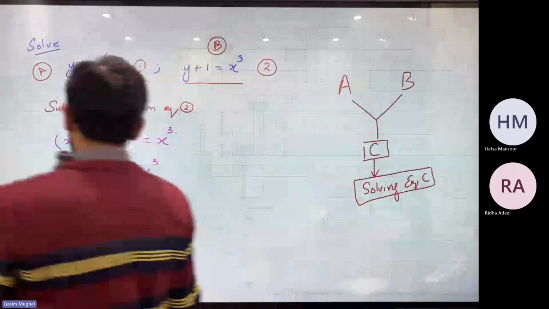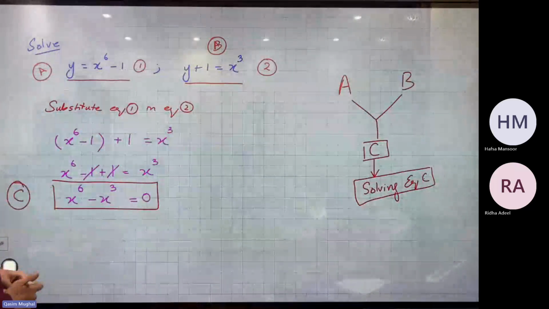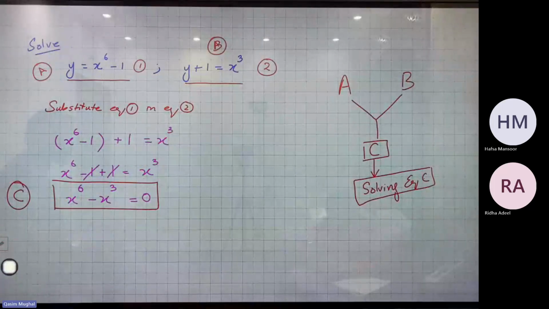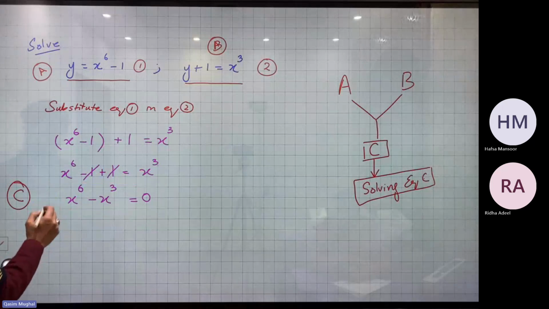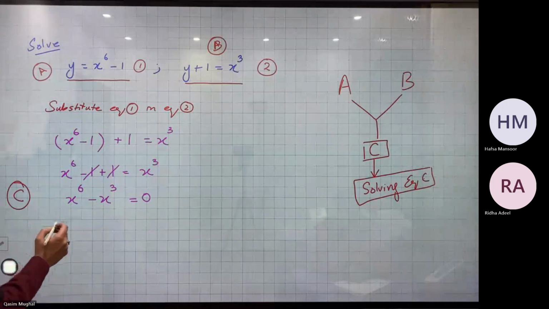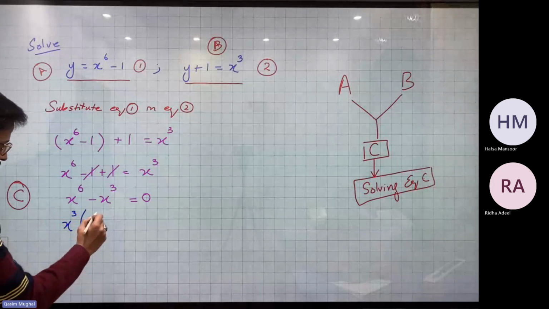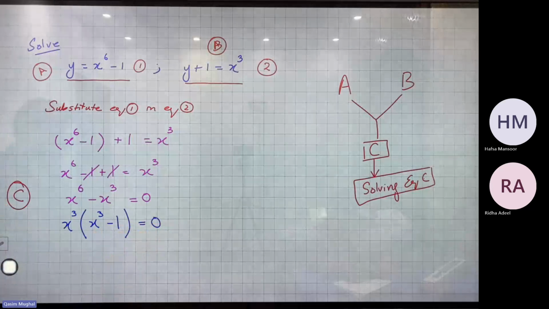Now, if you look carefully at equation C, we need to think what type of equation it is. This is a reducible quadratic, isn't it? One power of x is exactly half of this, but we don't need to substitute it because this is not a 3-term quadratic. So there is no need to go in that direction. What you can do is take x cubed as common, and you will be left with x cubed minus 1 equals 0. Possible?